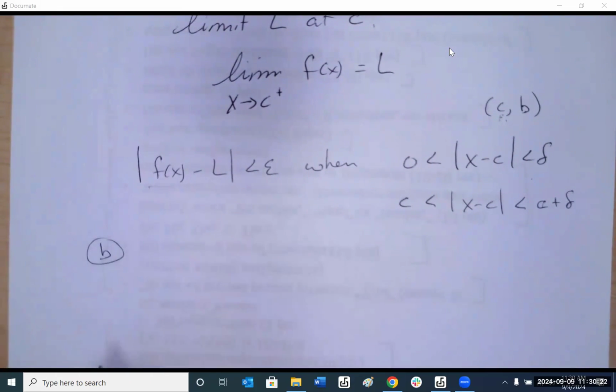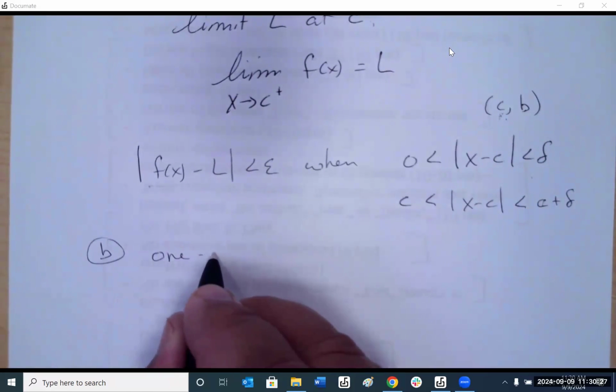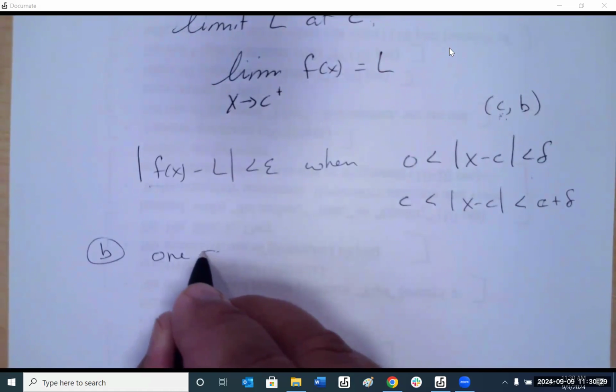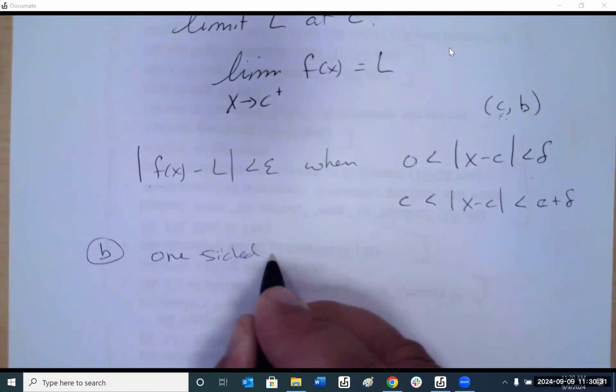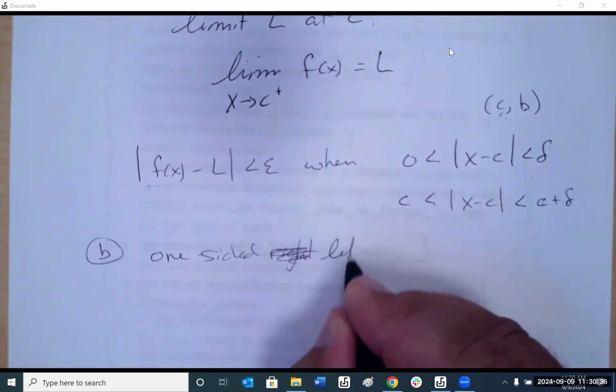Likewise, the one-sided left, we just did right.